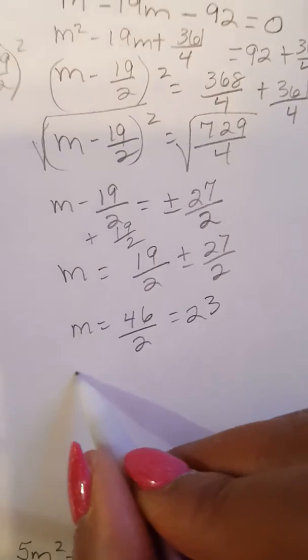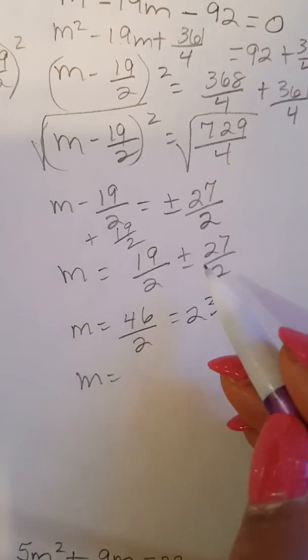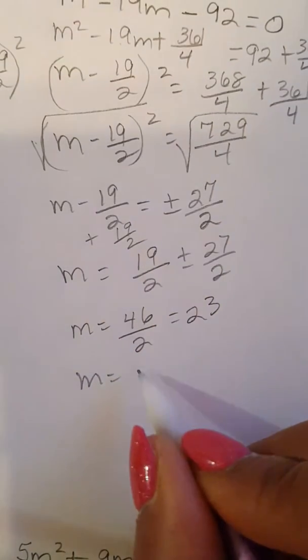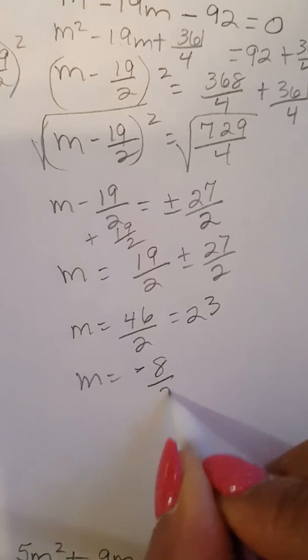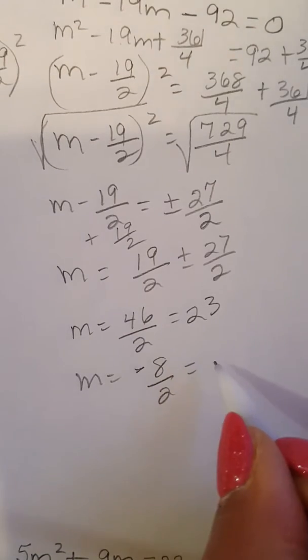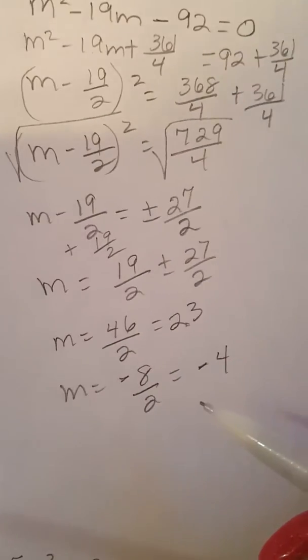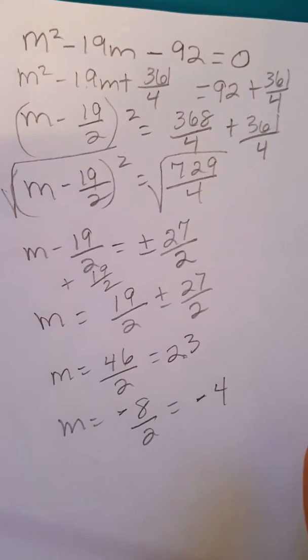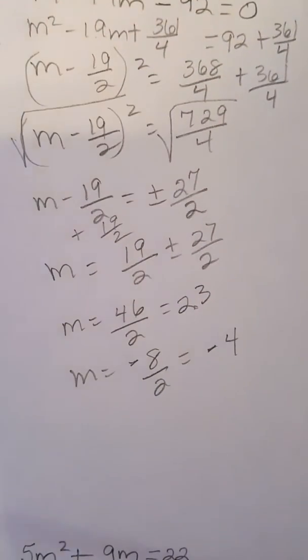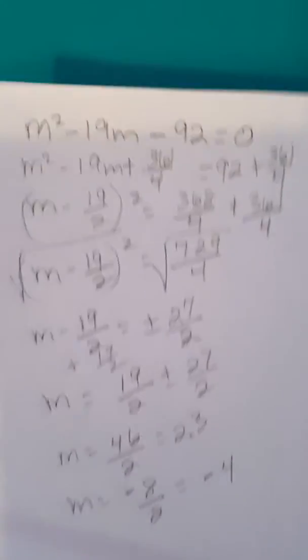And then 19 minus 27 will give us negative 8 over 2, which simplifies to negative 4. So your two answers will be 23 and negative 4. This involves your fractions, completing the square.